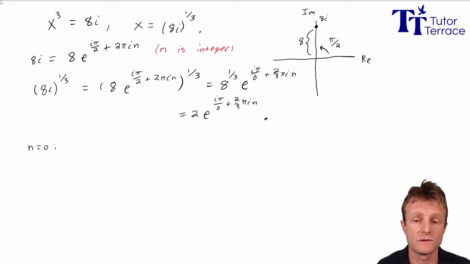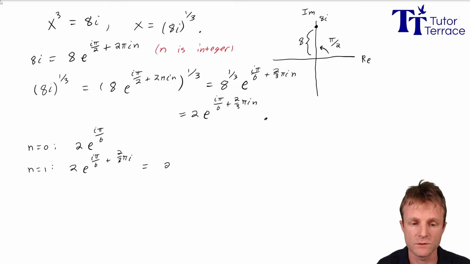So start with n equals 0. We get 2e to the i pi/6 plus 0. So that's simple. n equals 1. 2e to the i (pi/6 plus 2/3 pi), which is equal to 2e to the 2/3 pi i, which is 4/6 pi i, plus 1/6 pi i is 5 pi i/6.